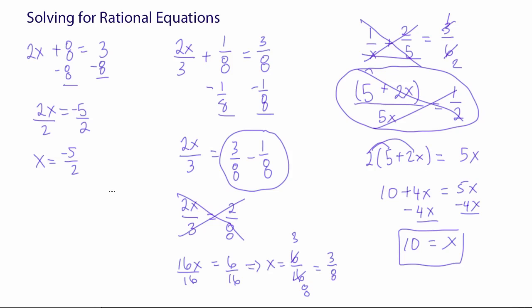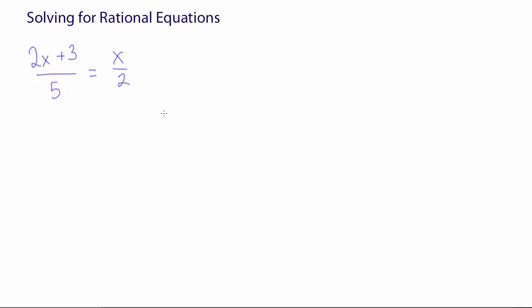Here, we're going to do one more. Sometimes it does show up. Something like 2x plus 3 over 5 equals x over 2. Again, this is an equation, a rational equation. How do I solve it? Well, let's put parentheses here because it's a binomial.